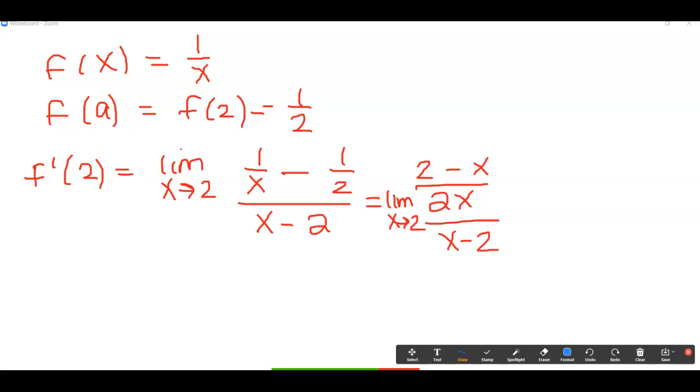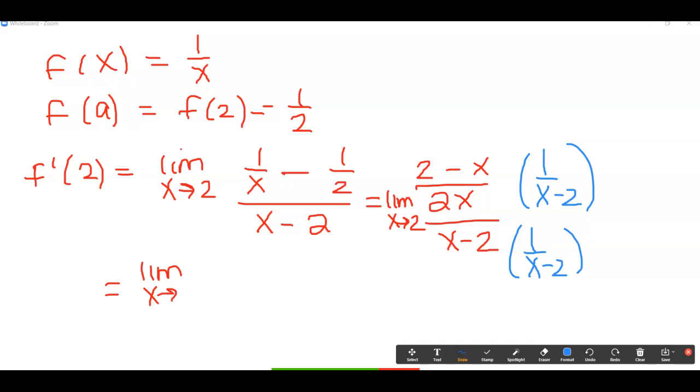So then since we have a fraction and a fraction, we're going to multiply by the reciprocal of the denominator. So that will give you one singular fraction. So you would get that this is equal to the limit as x approaches 2 of 2 minus x all over 2x times x minus 2.